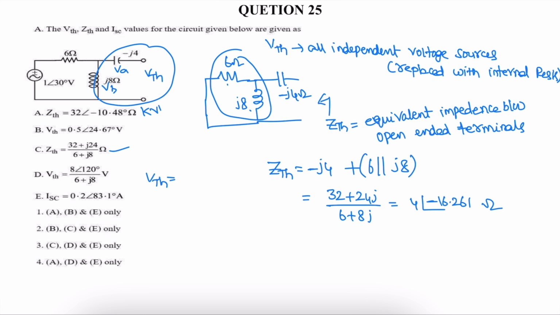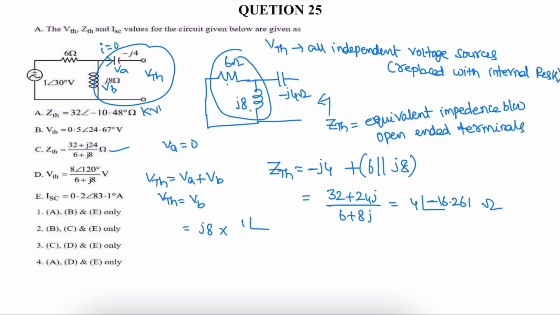VTH is equal to VA plus VB. The voltage across the capacitor VA is 0 because zero current is flowing through the capacitor. So VA is 0. Now VTH is the voltage across the inductor, that is VB.